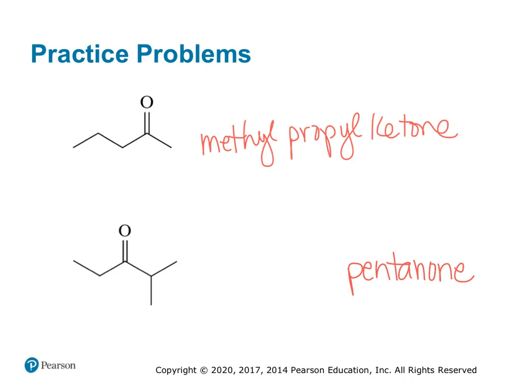I'm going to number it this way: 1, 2, 3, 4, 5. I could number it the other way, but that gives the methyl group a higher number, so we'll number it this way. So that's a 3-pentanone, and on carbon 2 is this methyl group, so we'll call that 2-methyl-3-pentanone.